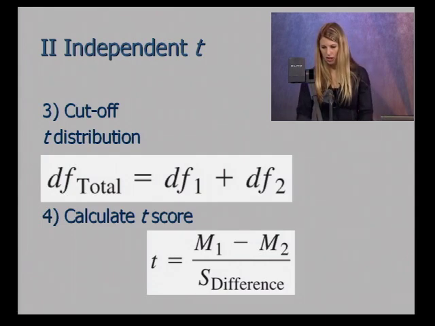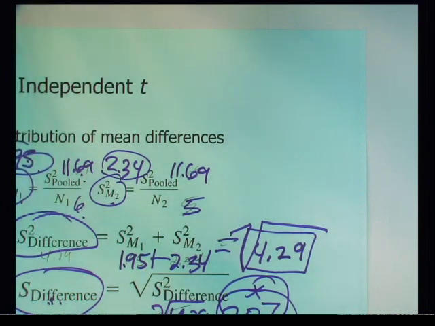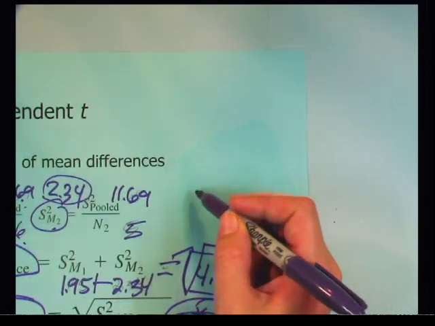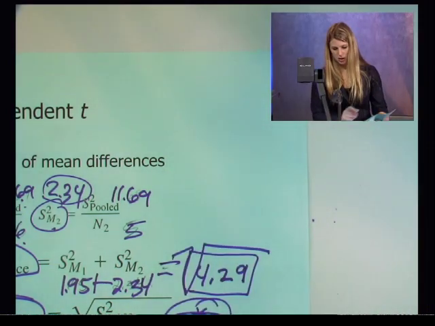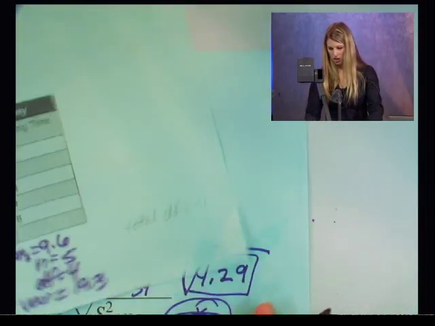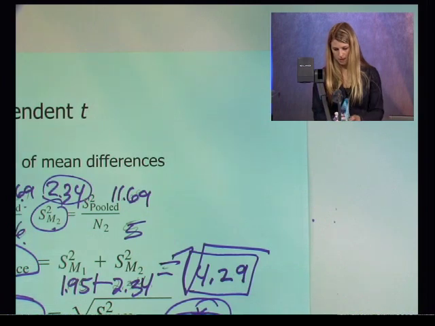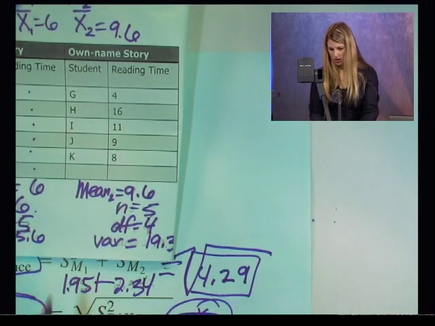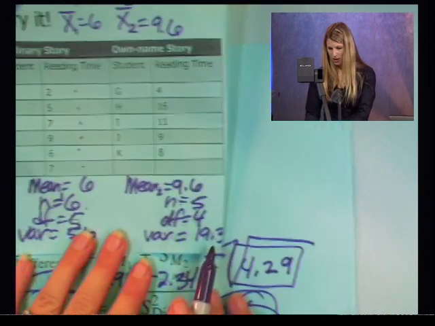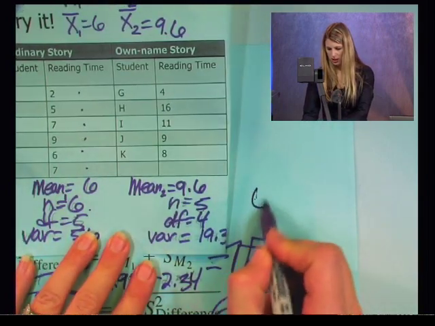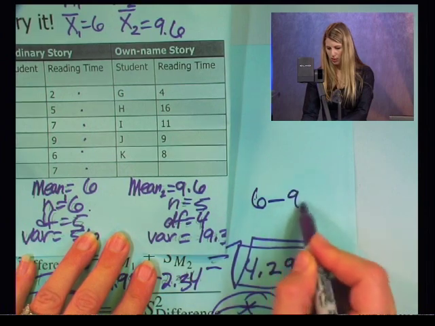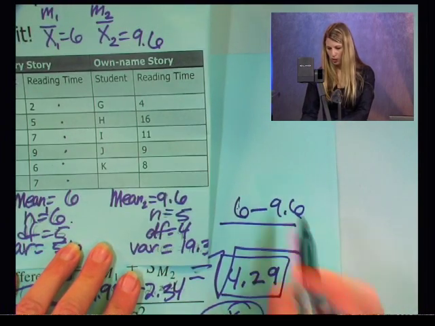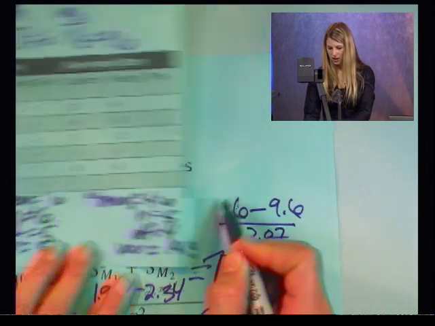All you have to do to calculate your T is take mean 1, back to our information here that you calculated at the beginning. You have mean 1, which is 6, minus mean 2, 9.6, and divided by this 2.07, and this is T.